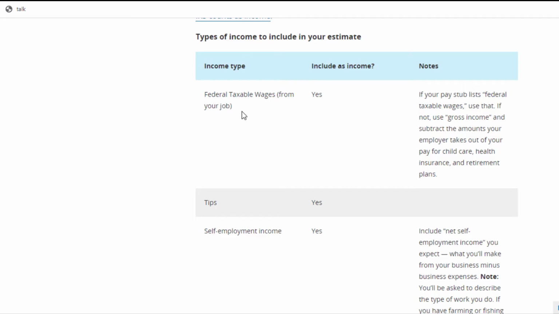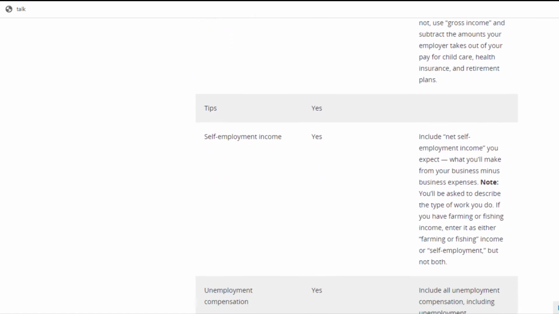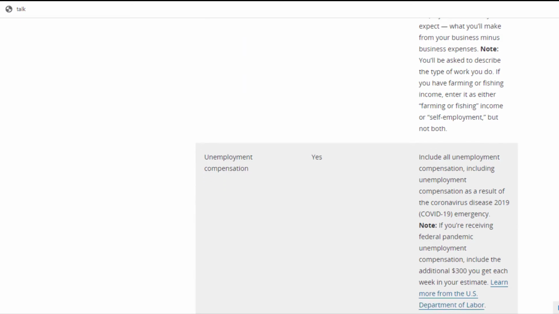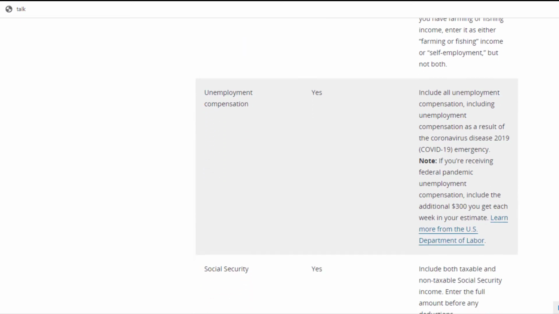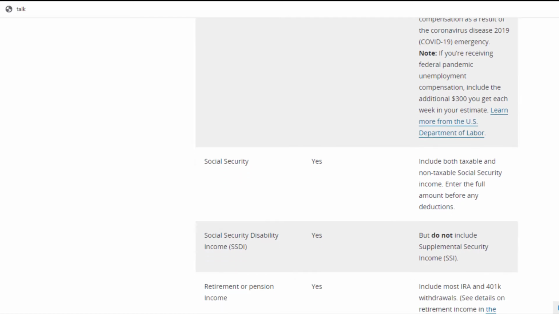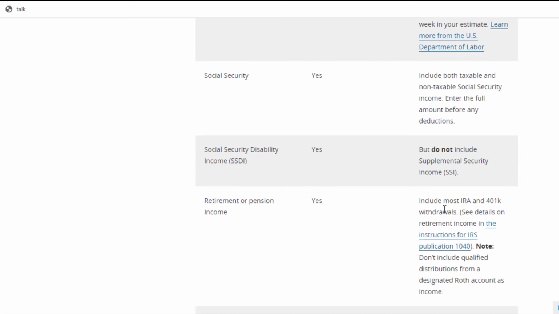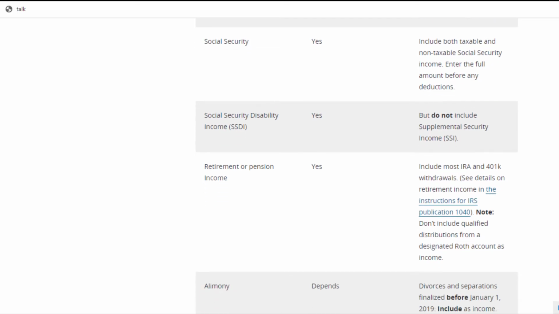So obviously, your taxable wages are included, any tips if you are in the type of position where you make tips, self-employment income, unemployment compensation, so if you have to go on unemployment for any reason, Social Security disability income, and this is an asterisk here, but do not include supplemental security income, retirement or pension income, so this includes most IRA and 401k withdrawals. There's more notes here if you want to learn more about that.